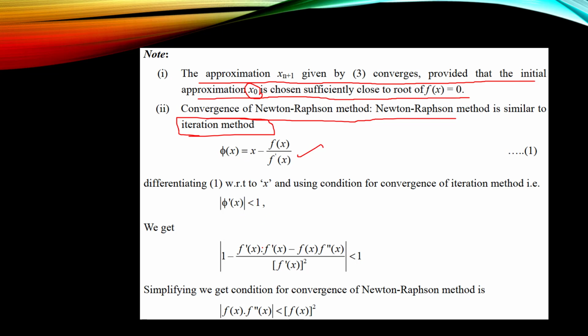Expanding this differentiation, we get it like this, and it should be less than 1. Simplifying, for convergence of Newton-Raphson method, we have modulus of f of x into f double dash of x should be less than f dash of x whole square.